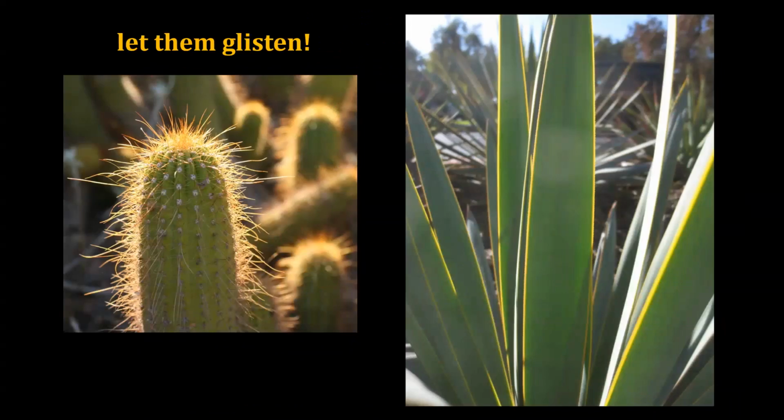And we might have things like yuccas or agaves with leaf margins that are yellow or red that will just pop out in the landscape when they're backlit by the sun. When you're working with plants like this, think about how to strategically place these in the landscape where they will really show off their full beauty when that sun is low in the sky, morning or afternoon.